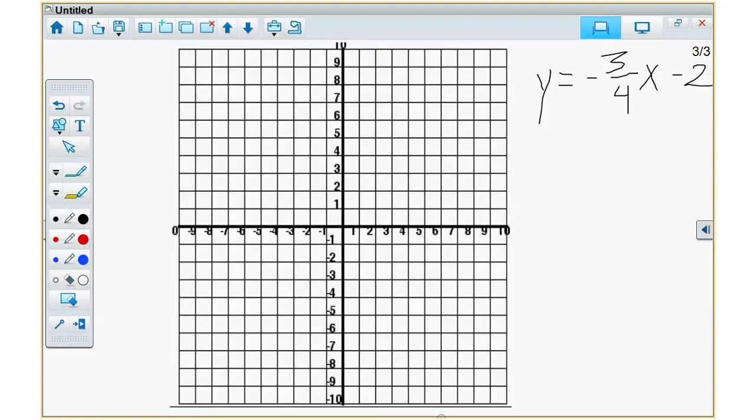First thing, extract your information. Find out what is what and write it down. That's the first thing you do before you graph anything.